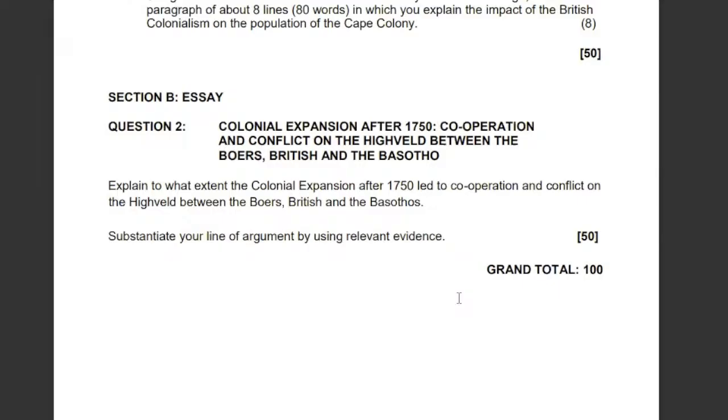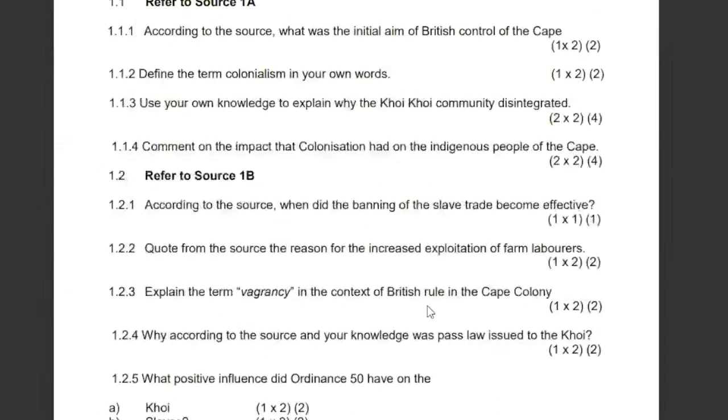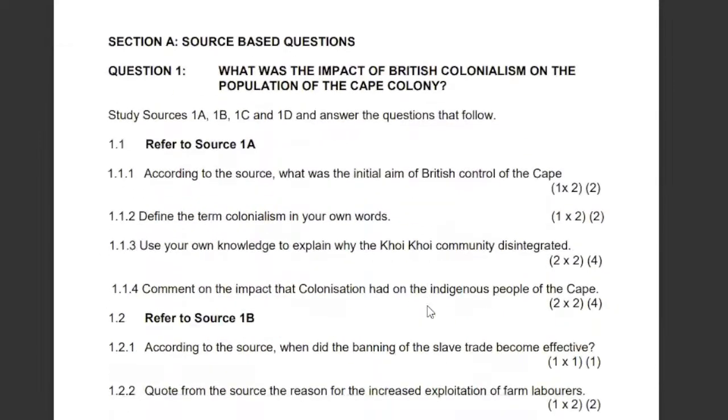So if you are focusing on the same questions, like the impact of colonialism on the Cape as a source-based question, we are going to discuss it as a source-based question. But be mindful that it can be changed to an essay question, or it can come as a source-based question, depending on the choice of your district or your province.